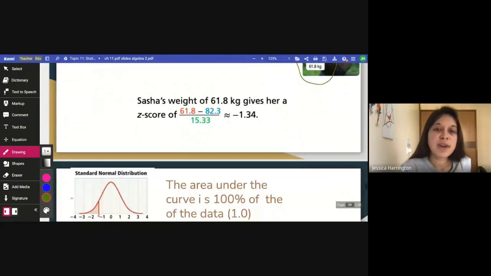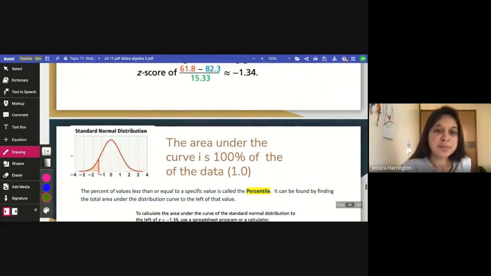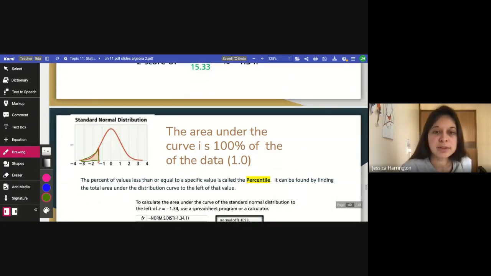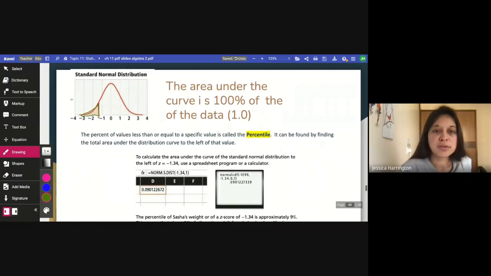So you can find the percentile of that, right? If this is where she is, negative 1.34, you're trying to figure out what percent she's at the bottom. It's easy when it falls right on the line, but when it's 1.34, you have to do a little bit more math to figure it out. One thing you can do is this is how you do it in a spreadsheet, which is what we want to focus on.